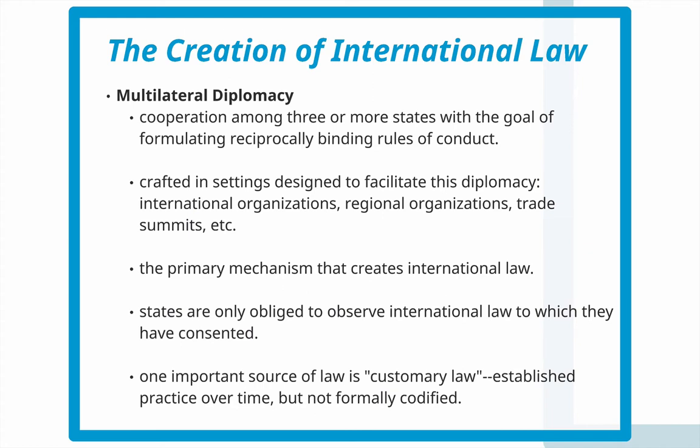Those are crafted in settings that are designed to facilitate that diplomacy. So this could be a summit, it could be an international organization like the United Nations, a regional organization like the EU. The European Union would be an example of a regional organization, not the United Nations, which is obviously beyond any specific region. So these are crafted in settings that are designed to facilitate diplomacy among multiple partners, and these are really the primary mechanism by which we create international law.